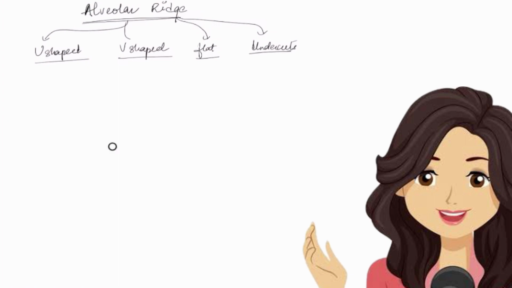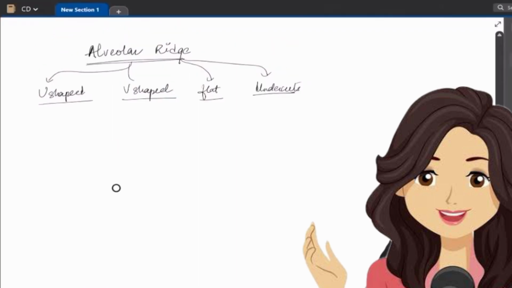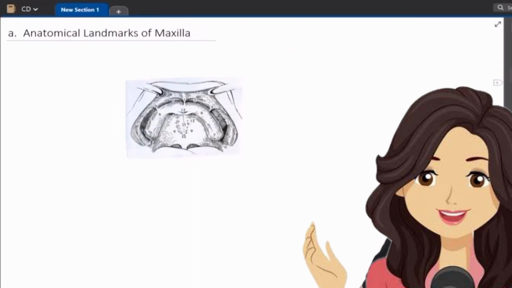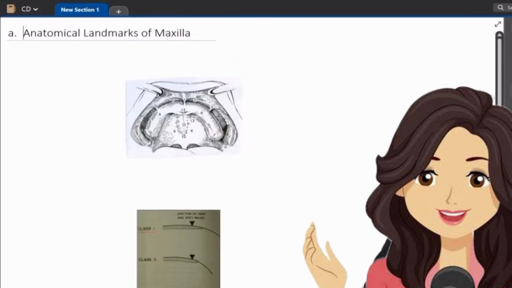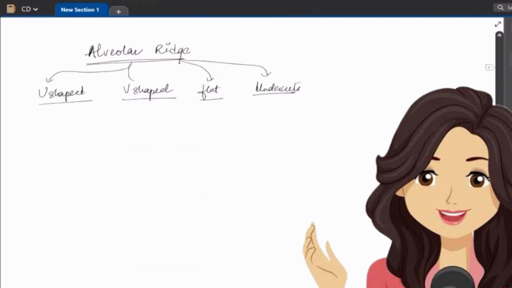So the first one that we'll discuss, I'll see if we have a picture here for us to share. I'll just draw it out for you then.